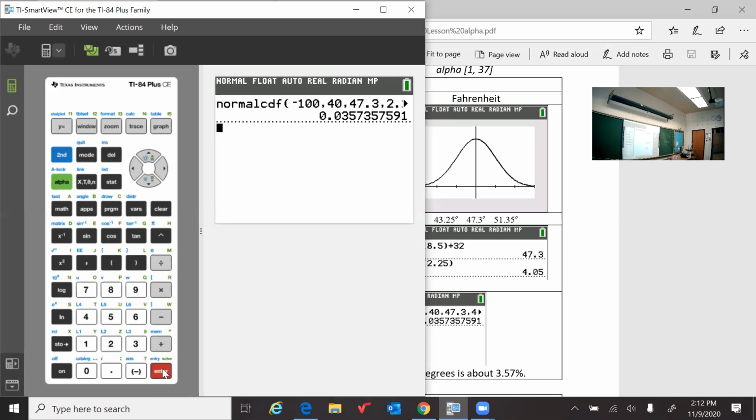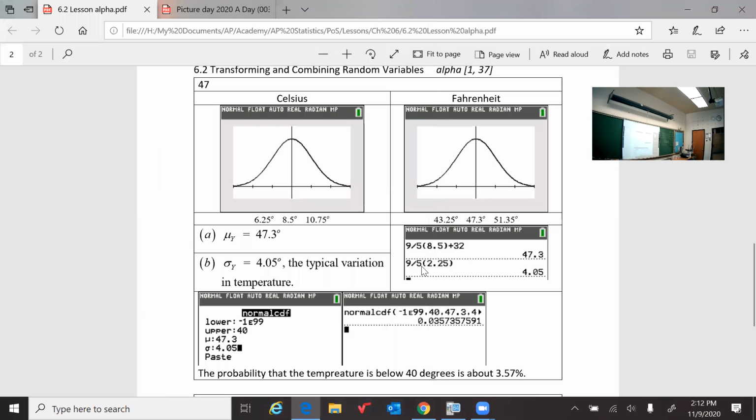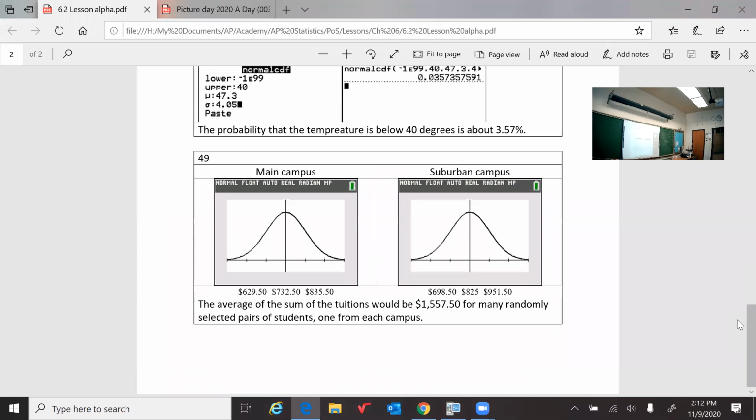The other question asks you to combine two variables. So we have two more pictures. If you had to pay two different tuitions, here's the main campus. So I marked it up again. Here's the center, $732.50. Suburban campus, $825.